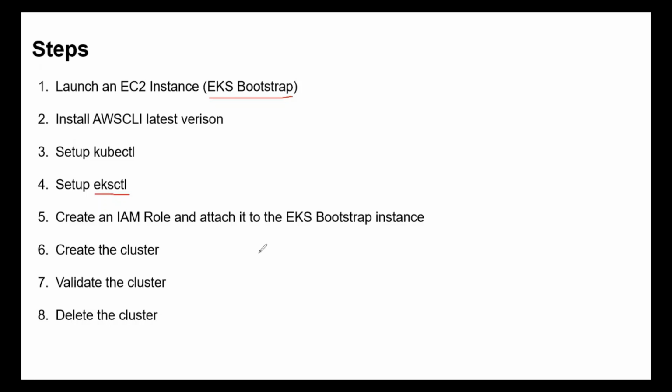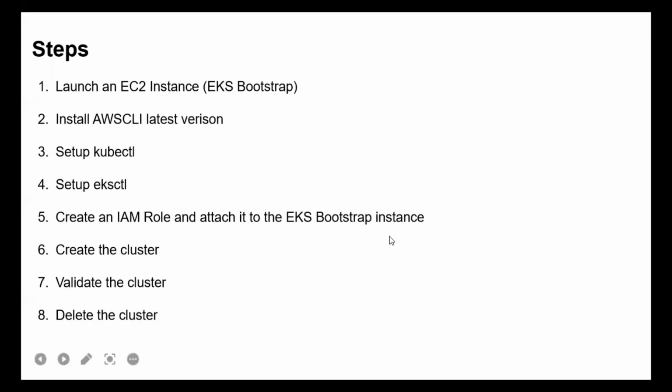Then we need an IAM role with the needed permissions, which we need to attach to the EKS bootstrap instance. Then we will create the cluster, we will validate the cluster, and we will delete the cluster. So this will be our step-by-step instructions to create the Kubernetes cluster in EKS. Now let us go ahead into the lab.